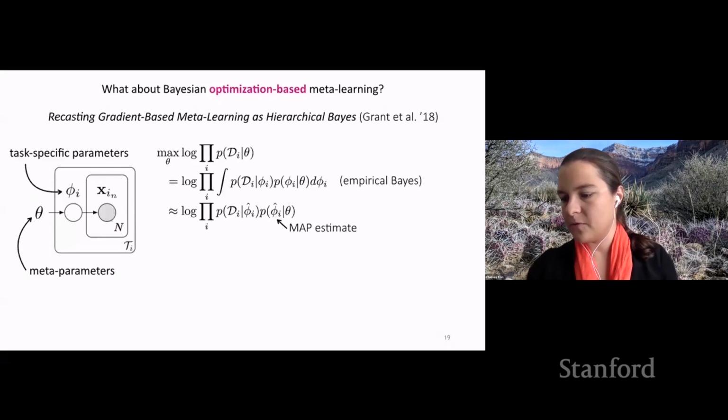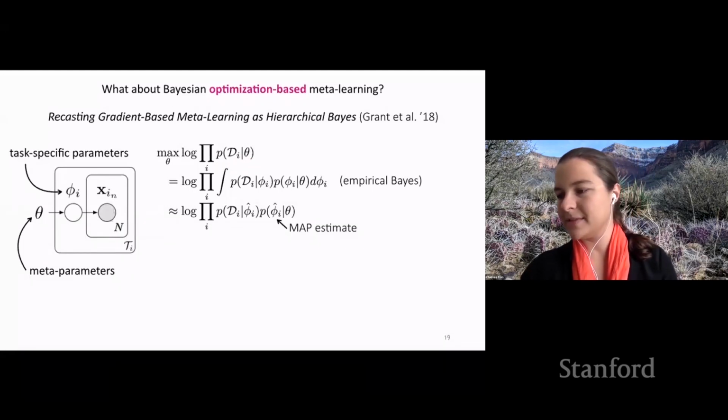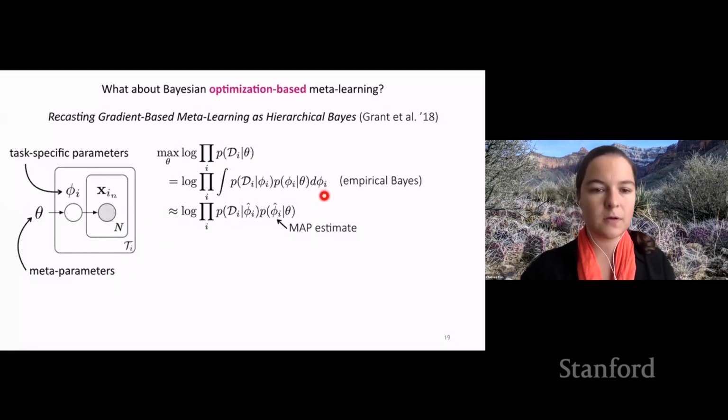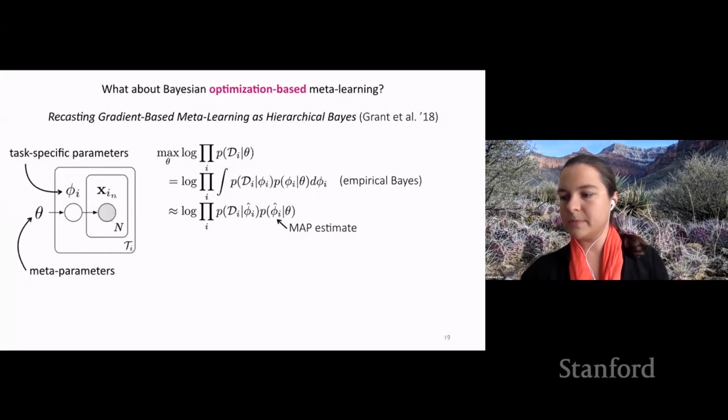And if we want to do maximum likelihood in this model, we're maximizing the likelihood of the data given our metaparameters. We can expand this out by introducing the latent variable phi I and then integrate out phi I. What this paper did is say, what if we very crudely approximate this integral by the MAP estimate?